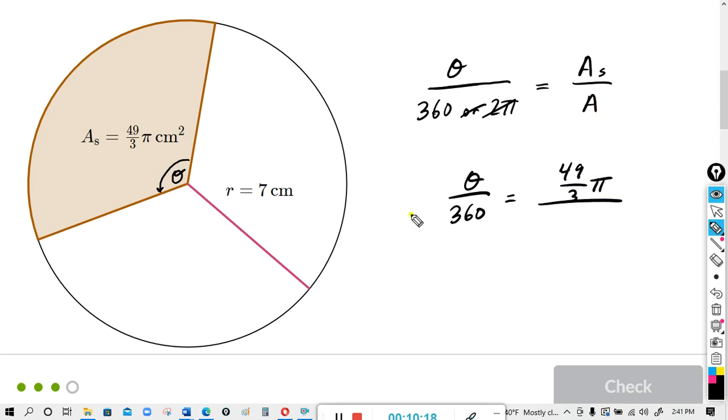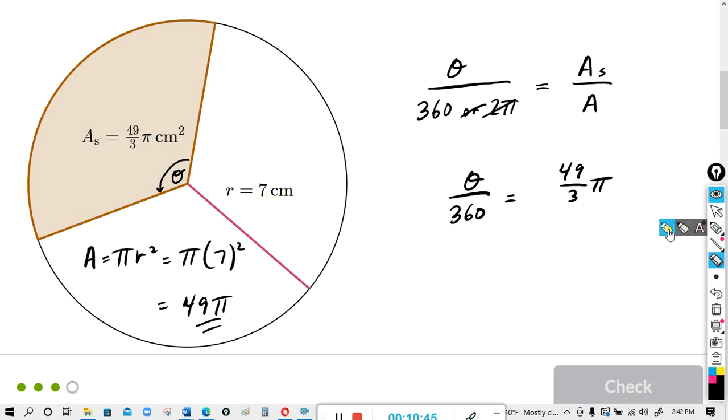And the area of the whole circle, we know that is pi r squared. So that's pi times 7 squared. 7 times 7 is 49, and we still have the pi, so we're going to use 49 pi in place of A. Solving for theta, I'm going to multiply both sides by 360.